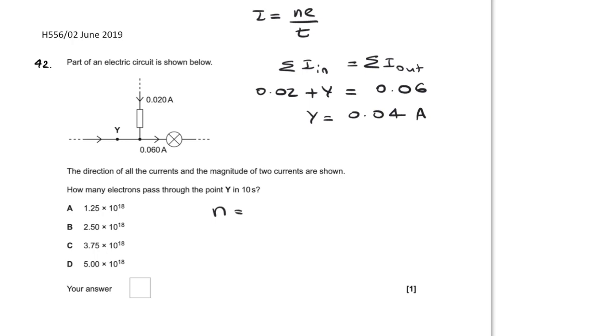So N is equal to the current, which is 0.04, times the time, which is 10 seconds, divided by the charge on the electrons, which is 1.6 times 10 to the minus 19 coulombs. That gives me 2.5 times 10 to the power of 17. So B is my answer.